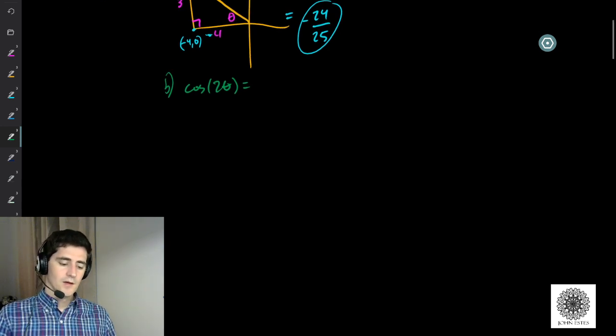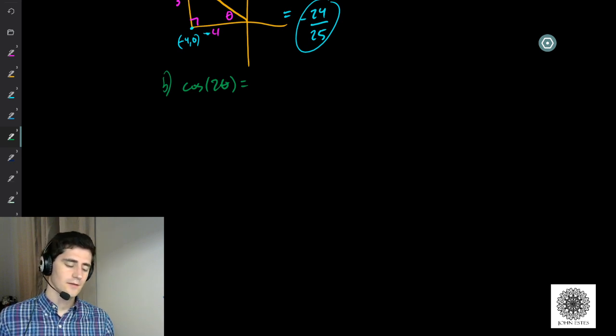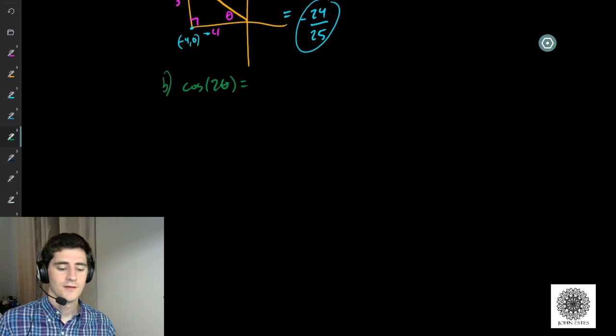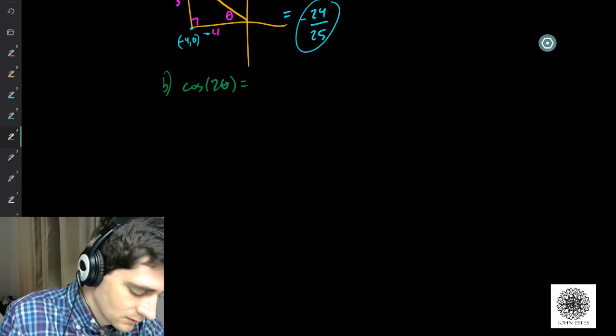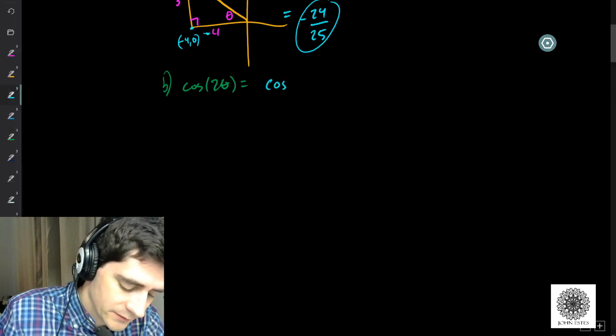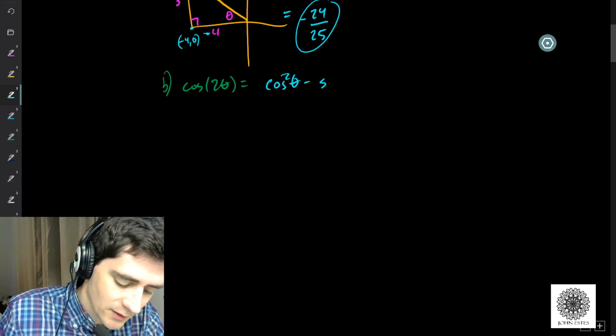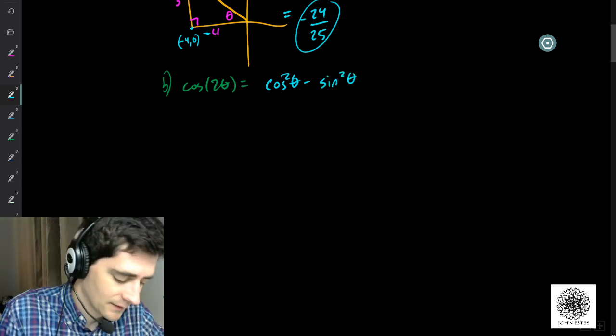But I'm not exactly sure, I'd have to think about it for a little bit, what quadrant 2 theta is in, if theta is in quadrant 2. Why don't we just stick with our identities? Because we have several ways we could do this. We already know sine and cosine, so what if we just said cosine squared minus sine squared? What if we just did that?